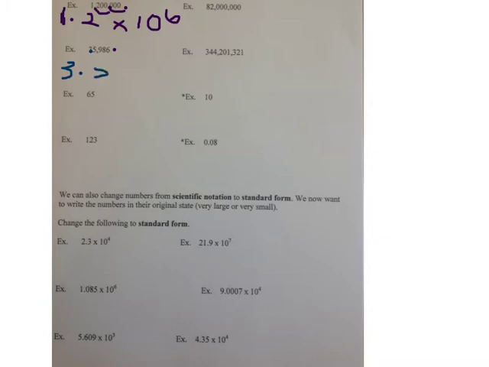So we have 3.5, but we have to write 986. You got to write all those numbers out. Times 10. And how many times do we move it? 3, 4. Times 10 to the 4th. Sorry, it's so messy. 3.5986 times 10 to the 4th.